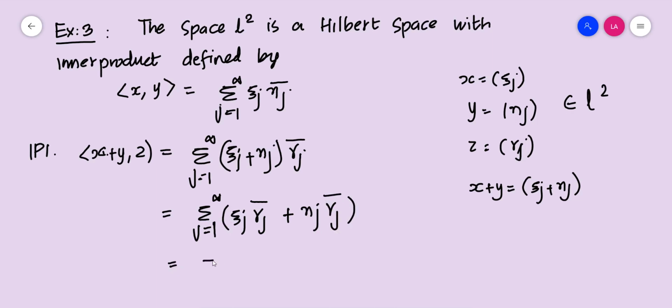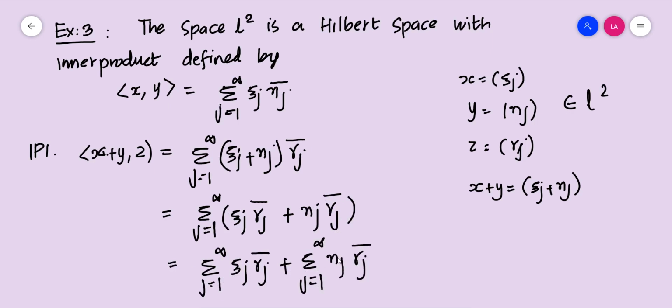So this is equal to summation j is equal to 1 to infinity theta j gamma j conjugate plus summation j is equal to 1 to infinity eta j gamma j conjugate, which can be done because the sum is bounded. So this by definition is inner product xz. The second part by definition is inner product yz.